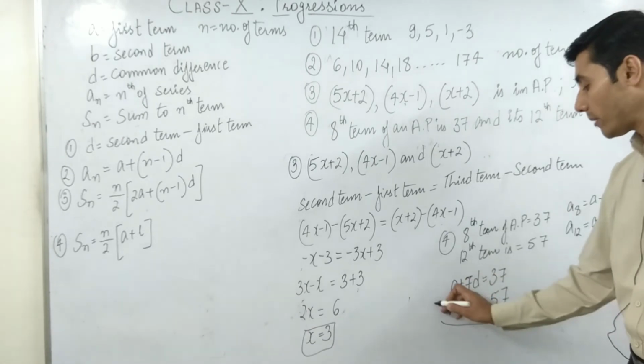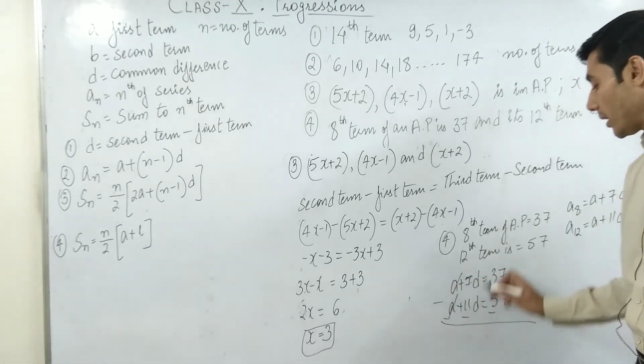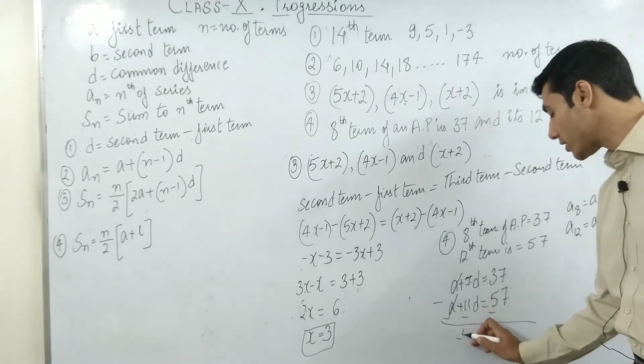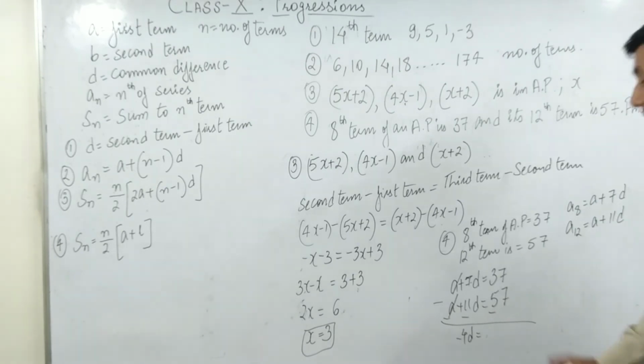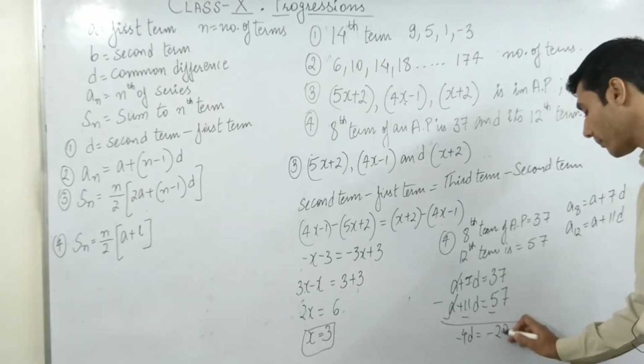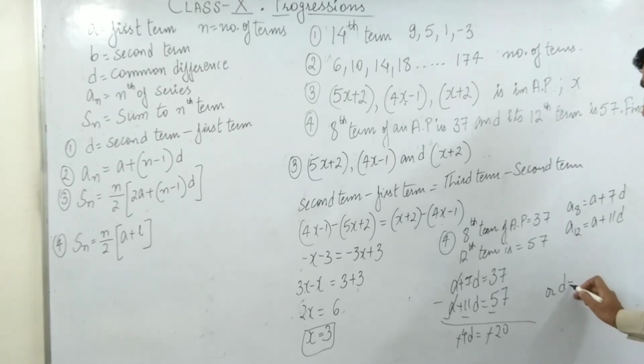The signs of both are the same, so minus, minus, minus, minus, cancel. 7D minus 11D is minus 4D. 37 minus 57 is minus 20. Minus minus sign cancel, or D should be equal to 5. 20 upon 4 comes out as 5.